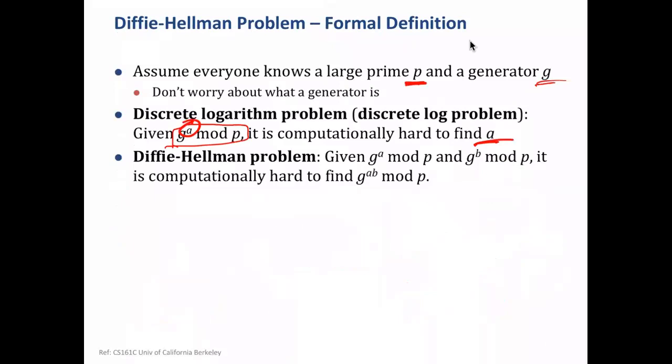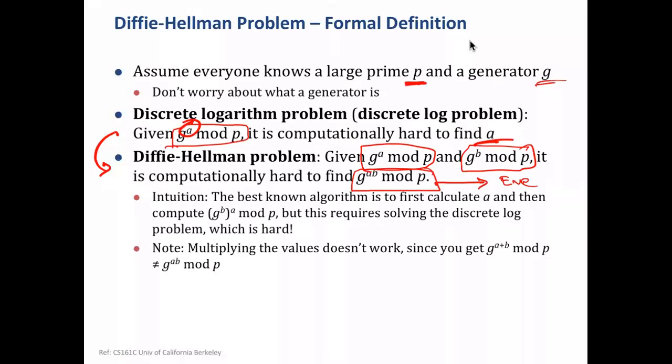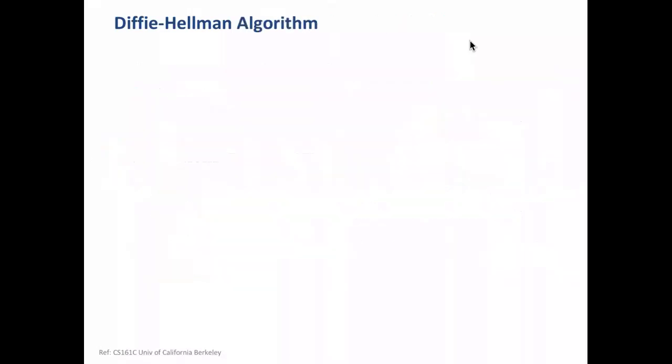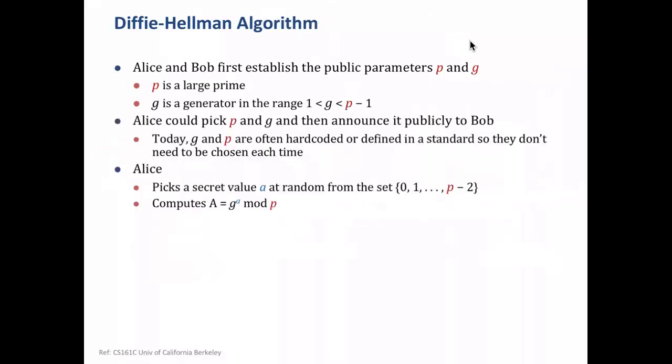And then the Diffie-Hellman problem is that given G raised to the power a mod P and G raised to the power b mod P, it is computationally hard to find G raised to the power ab mod P for anybody in between, like Eve. Obviously, this point we already discussed: G raised to the power a plus b mod P is not the same as G raised to the power ab mod P. So now that we can define the algorithm.